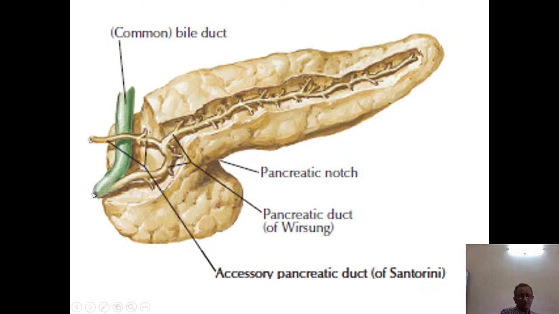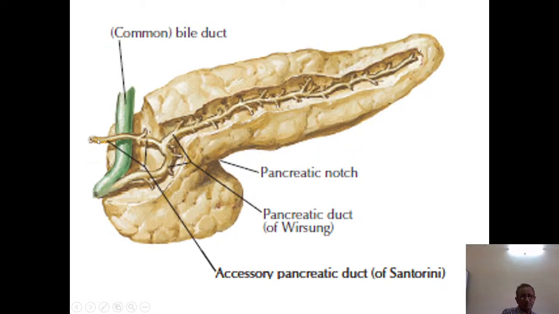Here on the major duodenal papilla we see the opening of the ampulla of the hepatopancreatic duct. Here the pancreatic duct is added to the common bile duct, forming a common ampulla which opens into the major duodenal papilla.